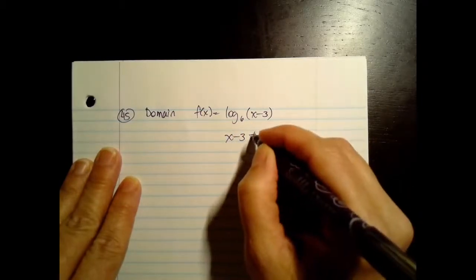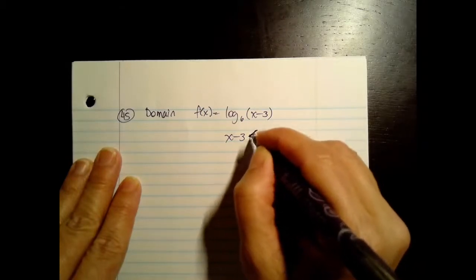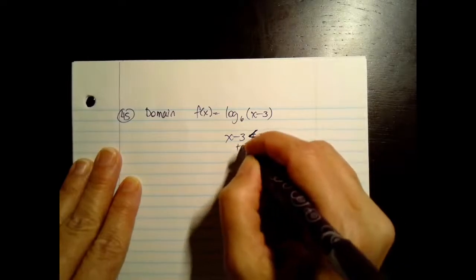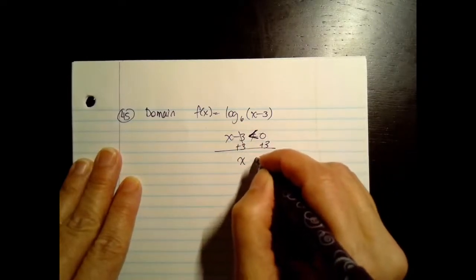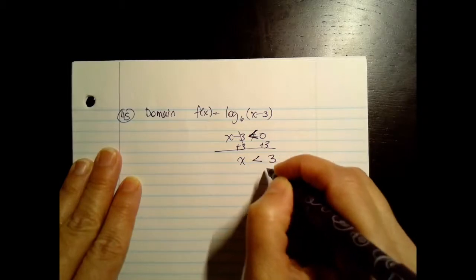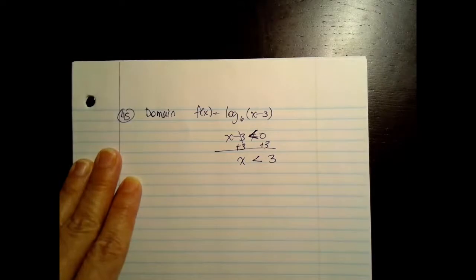Or actually, I'm sorry, it cannot be less than 0 because it can't be negative. So add 3 to both sides, and so we get x cannot be less than 3.